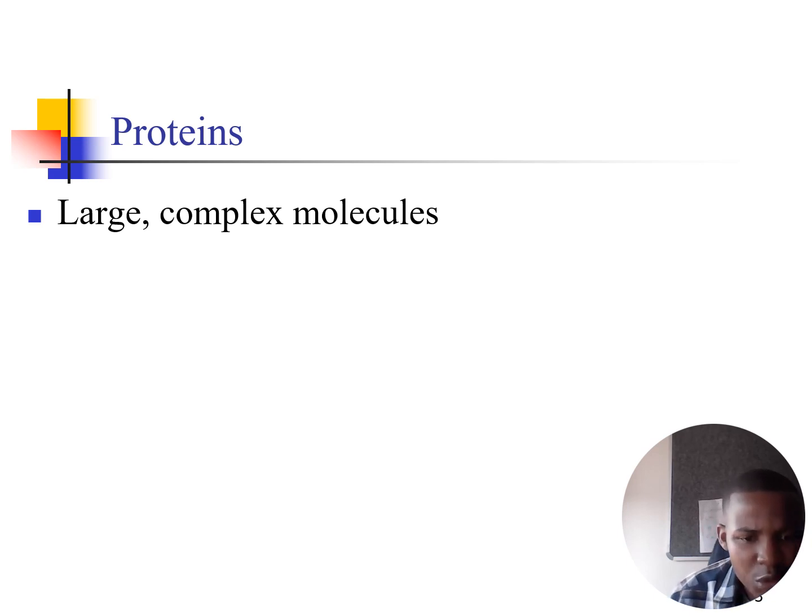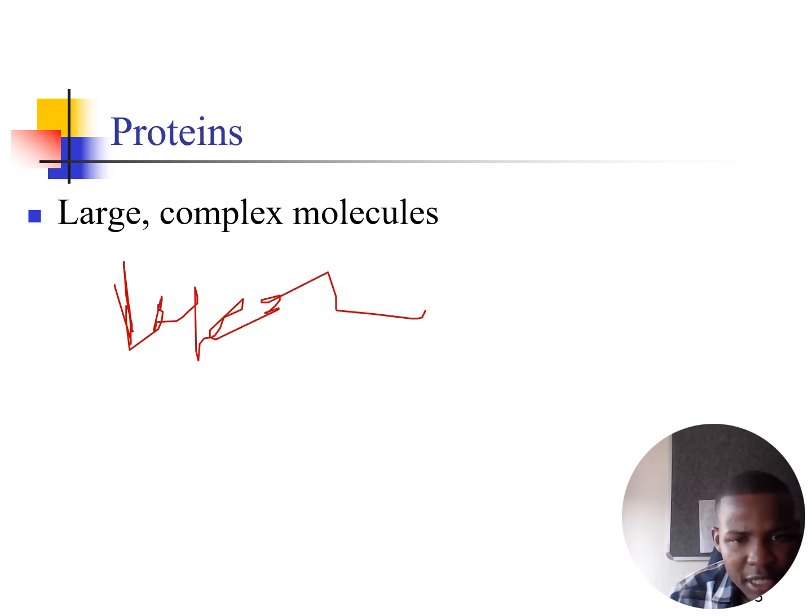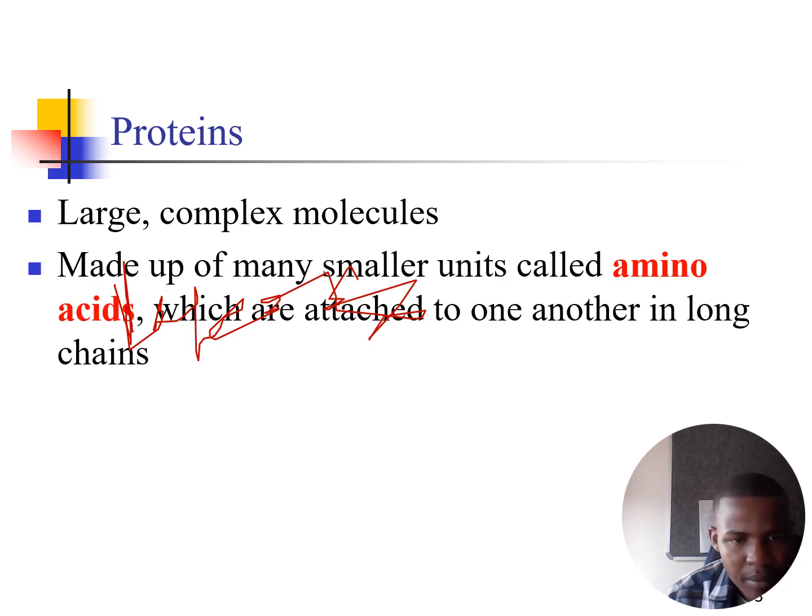The same principle applies: if you have an amino acid linking to another amino acid, linking to another amino acid, you are going to form a protein. The amino acids are the basic building blocks, or monomers, of proteins, the same way saccharides are the monomers of carbohydrates.